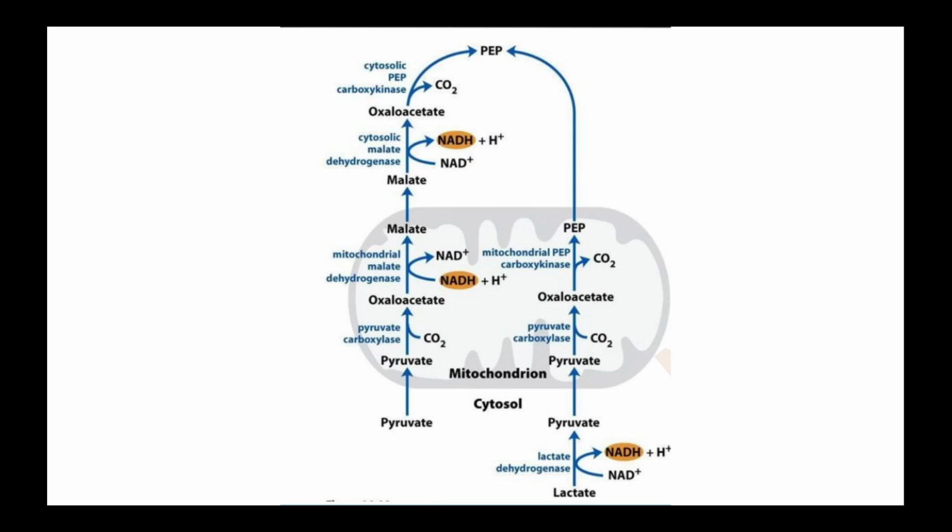Okay, but to trigger gluconeogenesis, to trigger this reverse reaction, we need a high amount of NADH, because more NADH means we already have energy currencies. Okay, so now we need to do a reverse reaction to use up these energy currencies to make more and more glucose, so that our body can again trigger those glucose into glycolytic pathways.